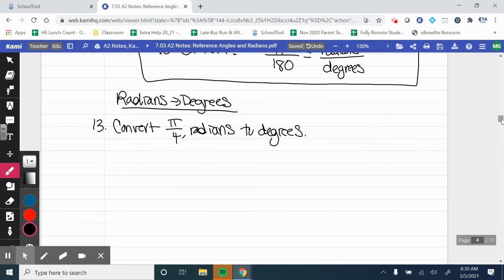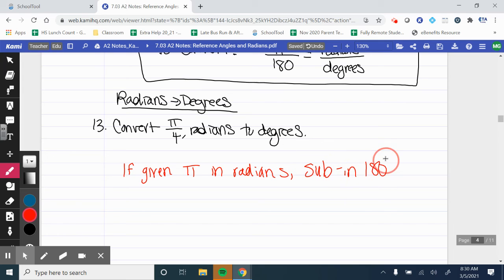So we have a nice quick trick that we can use if we are given a pi when we're in radians. If given pi in radians and you want to convert to degrees, all we have to do is remember that pi radians is equal to 180 degrees. So all you have to do is sub in 180 degrees for pi.